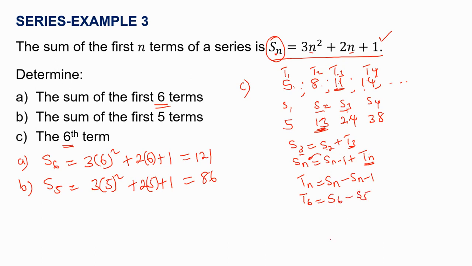You see that? So treat this like a formula. It's not there in the formula sheet, but you have to remember it. Tn, you can get it by saying Sn minus S(n minus 1). Just remember this. So here we're finding T6. We can say T6 is equal to 121 minus 86, which is 35.